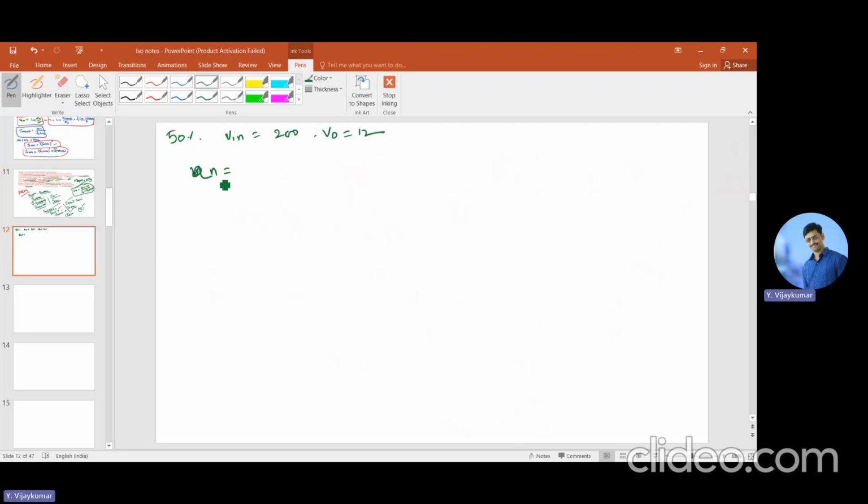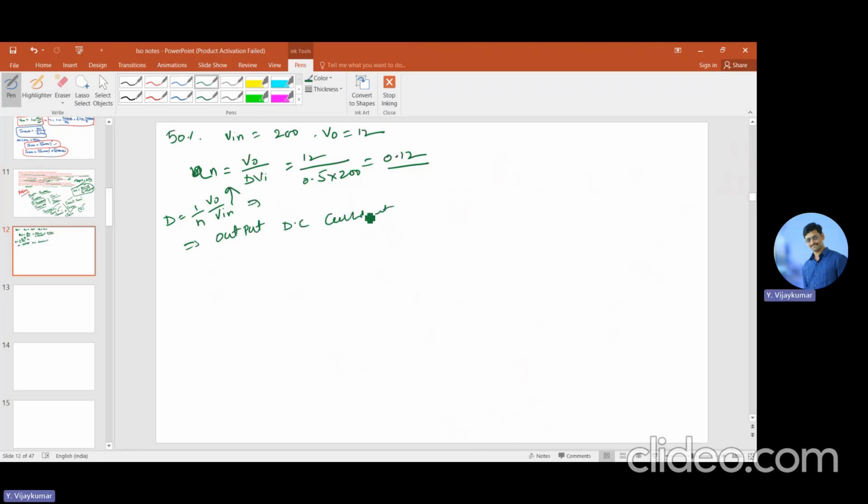The turns ratio N is equal to the output divided by D times the input. In the last class we discussed 1 by N times V output by V input, so from this you can get this expression: 12 divided by 0.5 into 200, which is 0.12. The transformation ratio is 0.12. Next, what is the output DC current?